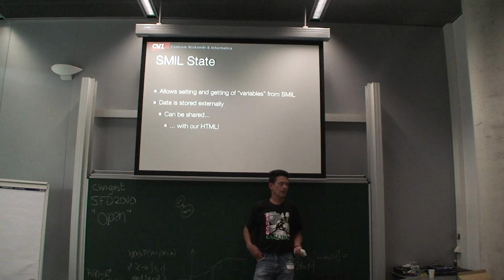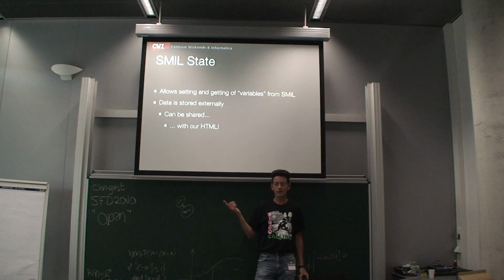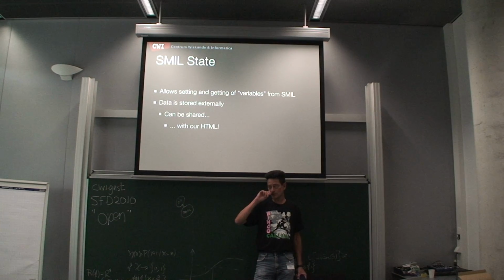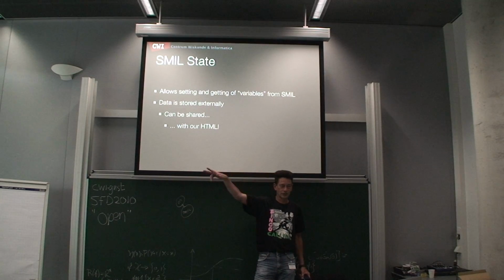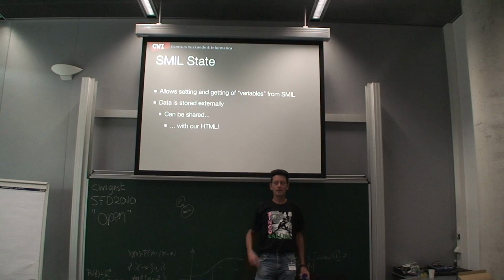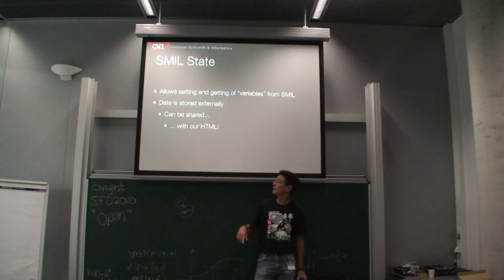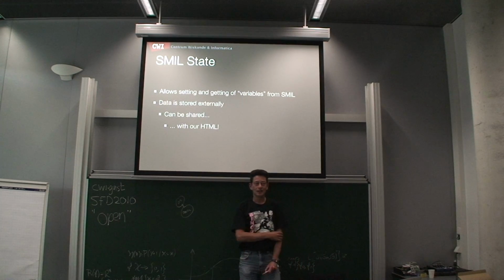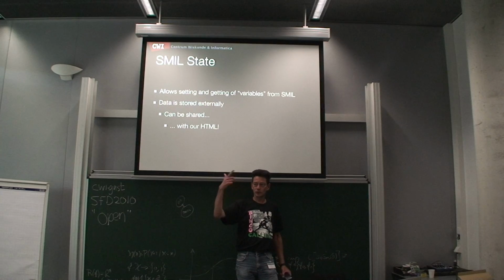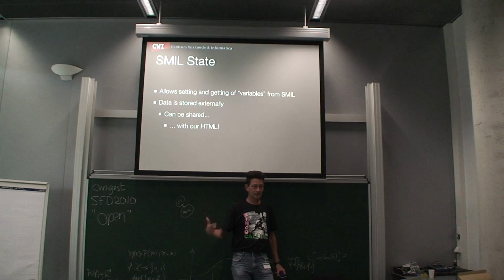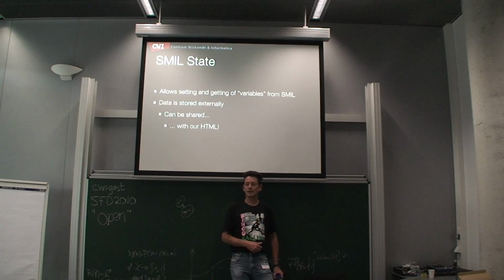In another example, I mentioned digital signage before. Think of those advertisements in the tram. You put a GPS receiver in the tram and connect the GPS locations to a couple of SMIL state variables, and the tram can give you advertisements based on where the tram is currently traveling.